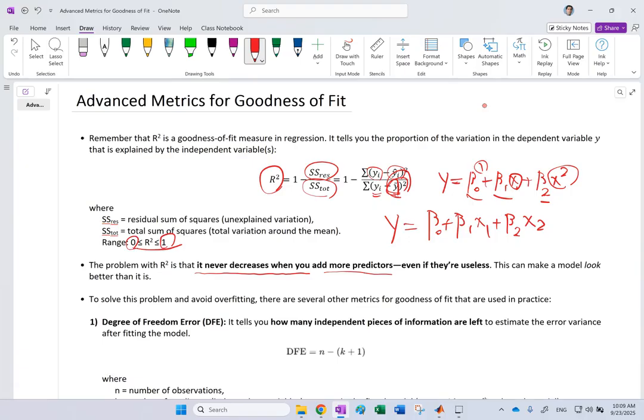So the problem is if we add more of these terms, the R squared does not go down. In other words, we can easily go toward overfitting by adding more and more terms, adding bigger and bigger, more complex polynomials, more complex models, and this R squared does not go down.